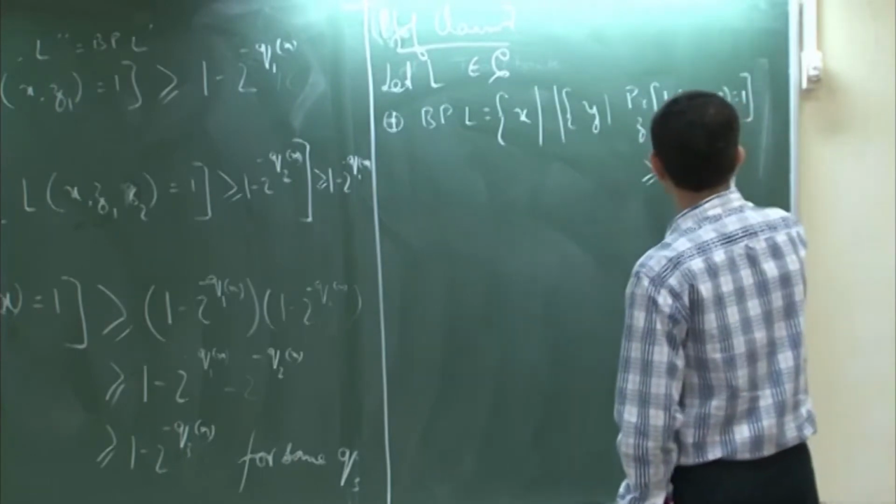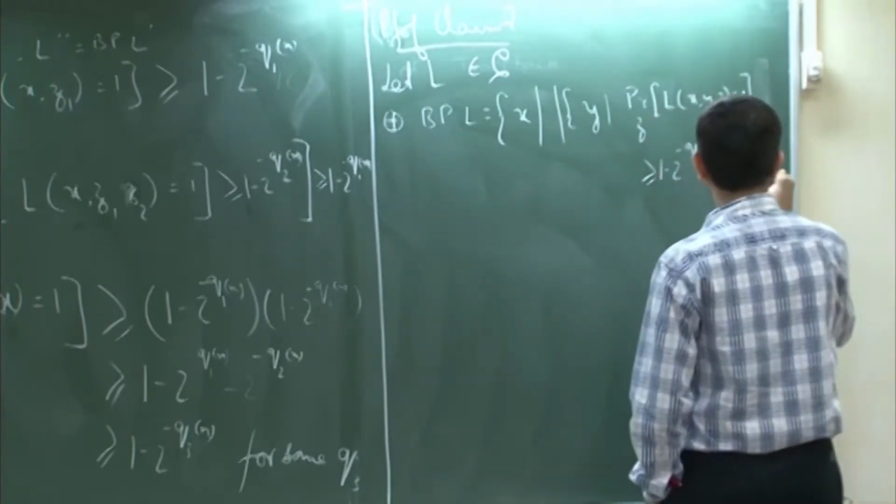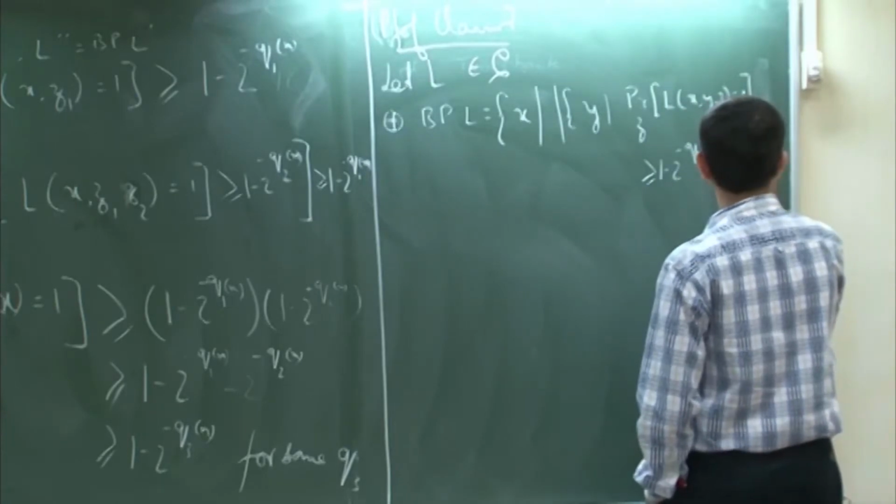So the number of y's which makes this event happen is odd.